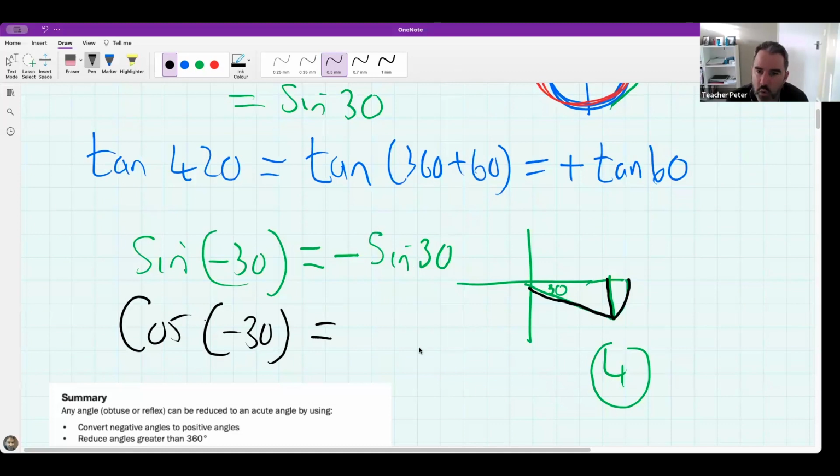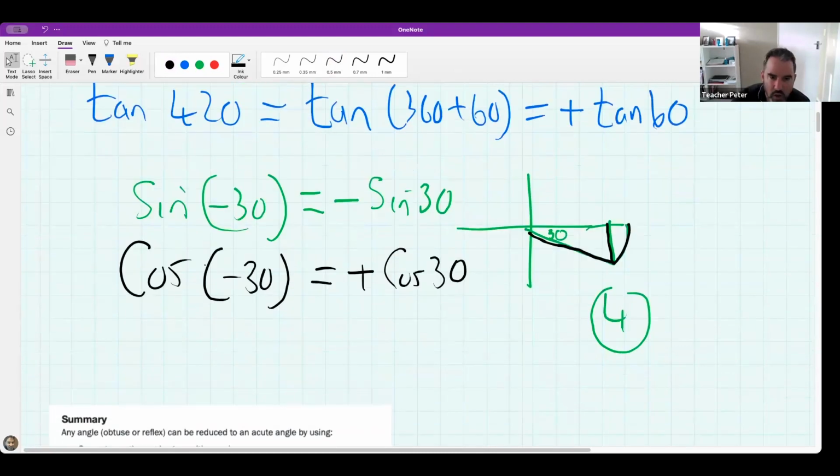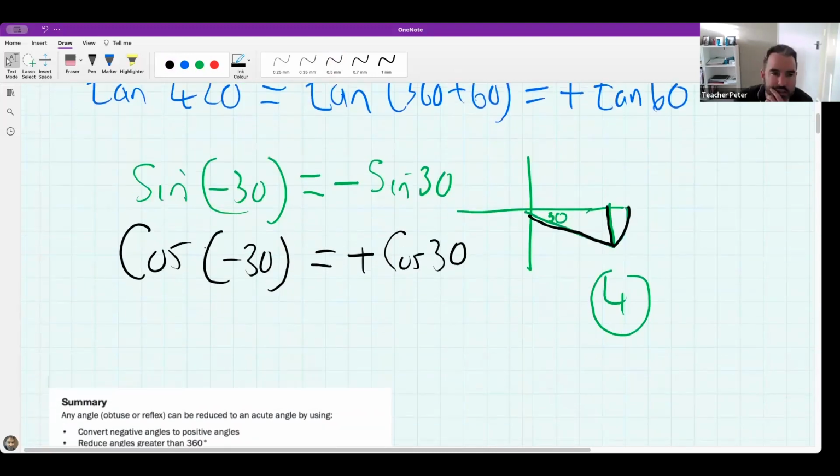Well, in quadrant 4, cos is in fact positive, and so you will see that you get that. All right. So what we have there is a way of changing negative angles to positive angles.